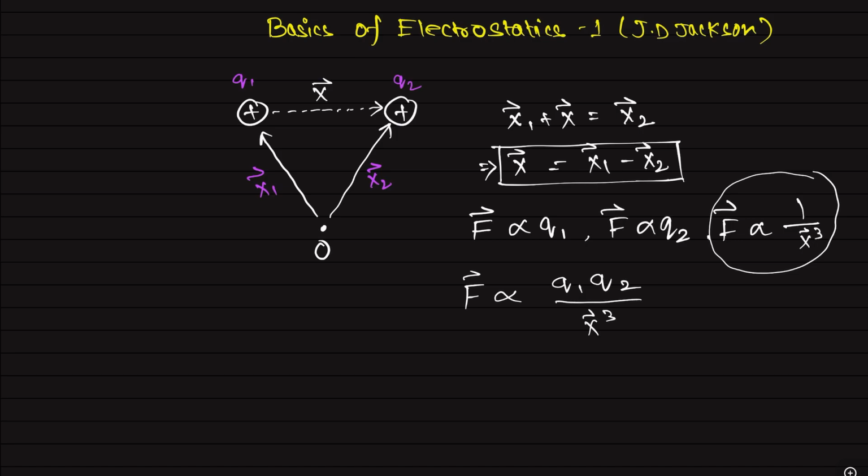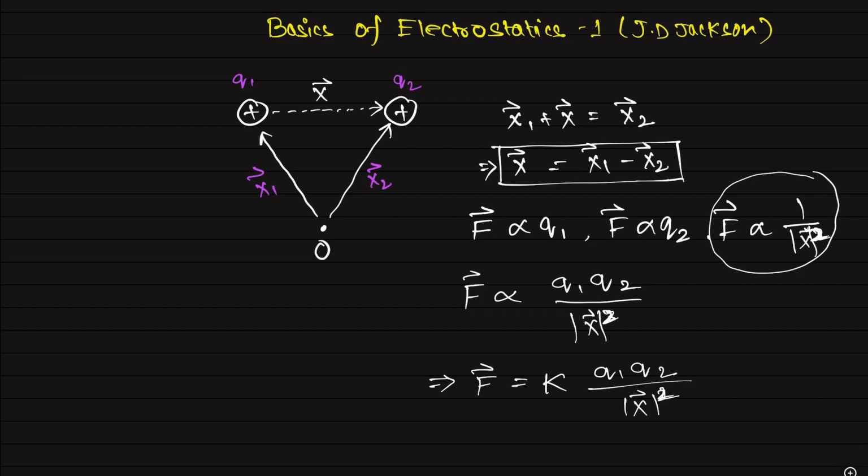True? I think I'm wrong here. It will be x square, right? x square, and since it's a square, I have to write a modulus sign here. Now I can write F with a proportionality constant k: k q1 q2 by x square.